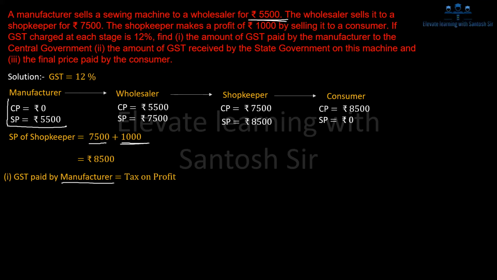We should have his SP and CP. We have it. So tax on profit, that is 12% of his profit, which is 12 upon 100 multiplied by his profit, that is SP minus CP, 5,500 minus 0, which is nothing but 12 upon 100 into 5,500, which is nothing but 660 rupees.